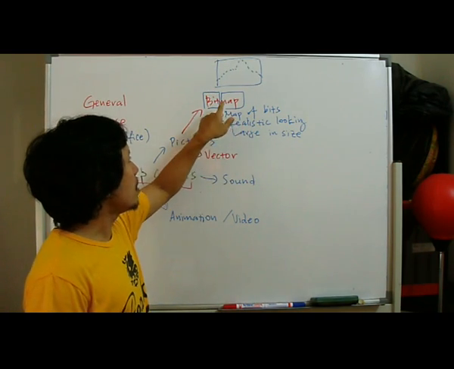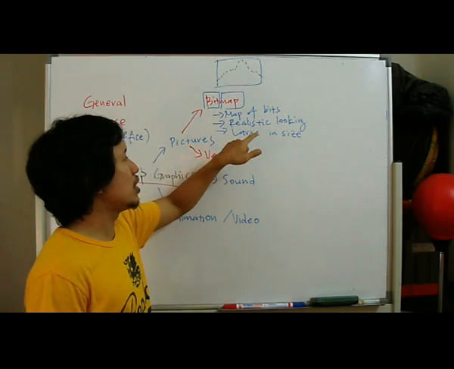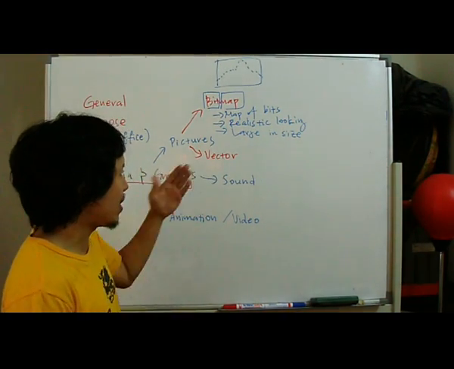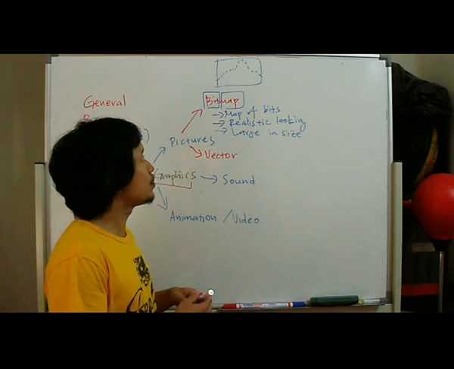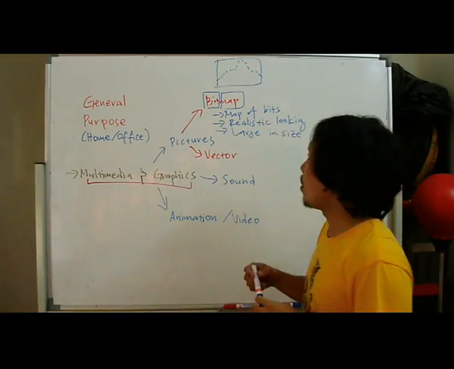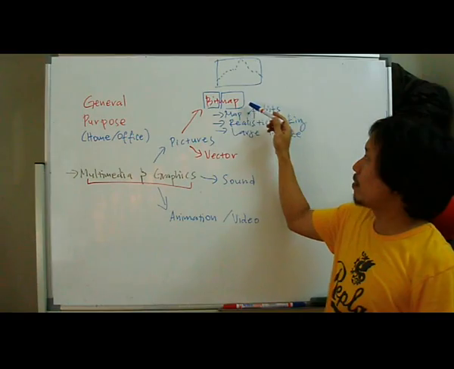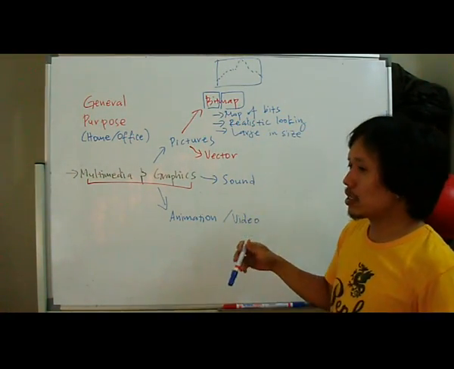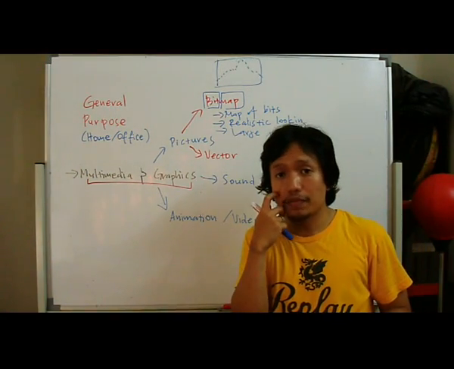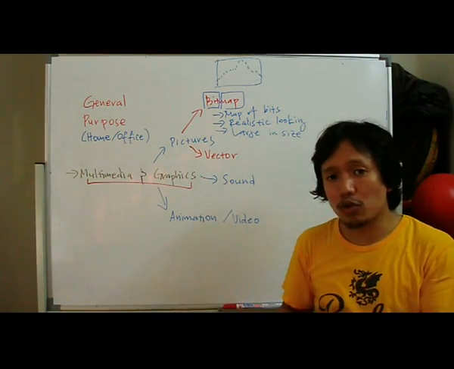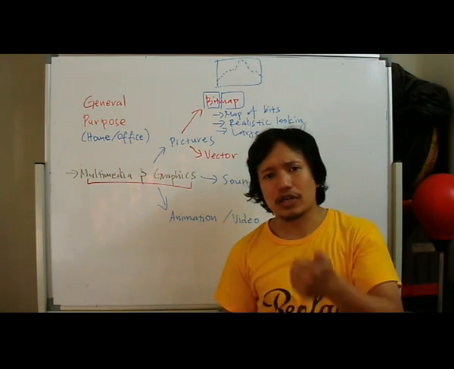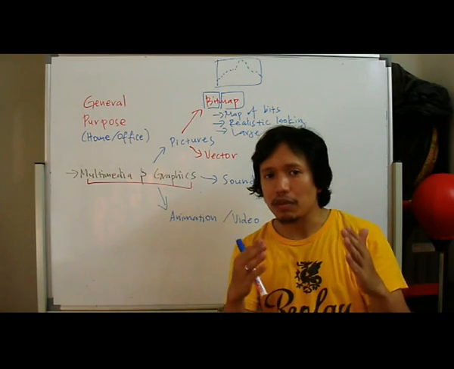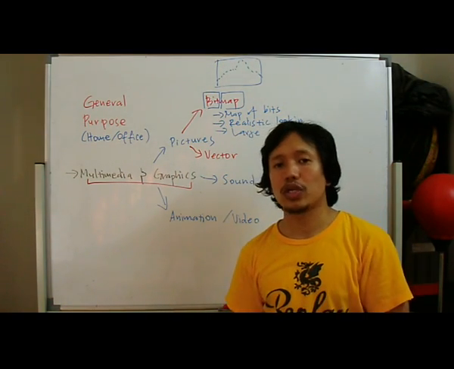Bitmap is realistic looking images made up of a map of bits. So this is different from vector images. What are vector images? Now, instead of an image made up of bits, little dots, vector came up with images made up of shapes, definite shapes. Now, if you still remember from high school maths, you have things like rhombus and trapezium and triangle and circle and everything. And all of these shapes have math equations associated with them.